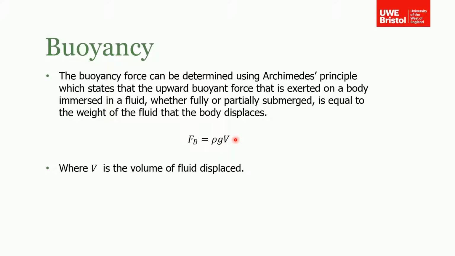So it's quite a simple formula, really. And obviously, density here is the density of the fluid, not of the object. So what you're really saying is that the buoyancy force is equal to gravity times the mass of the fluid that you're displacing as well. That's another way of thinking about it.